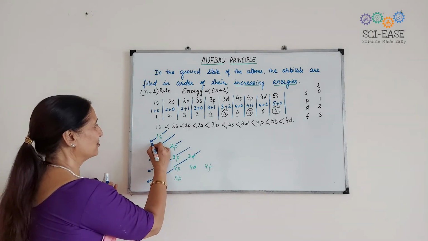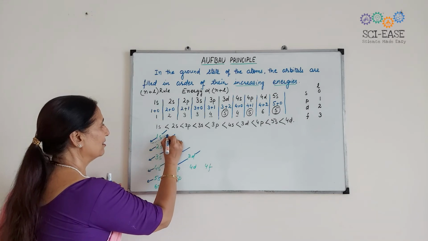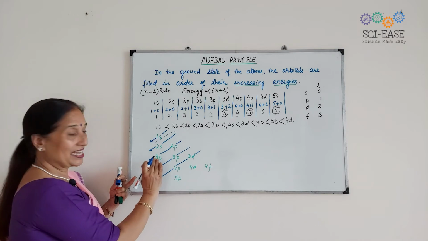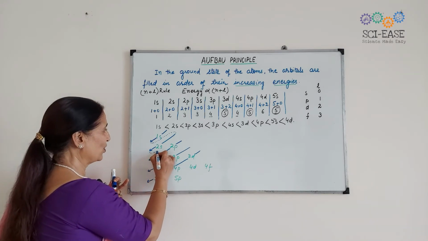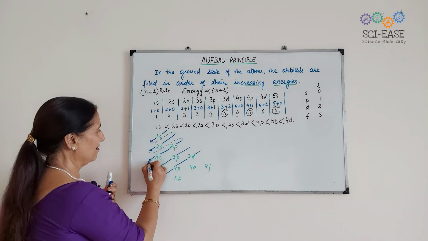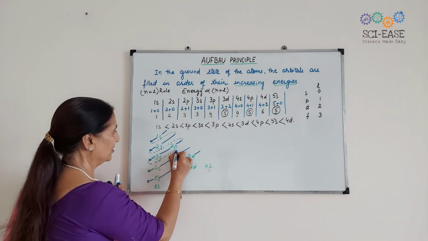1s, you can show it with a dotted line that it will go here, and then 2s will be filled, then again a dotted line, 2p, then 3s.